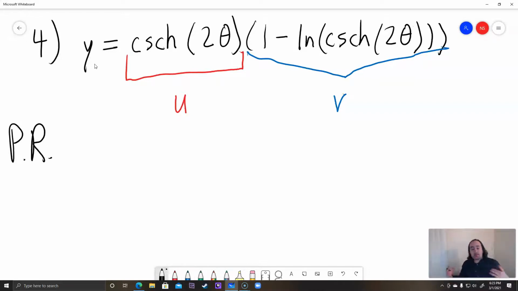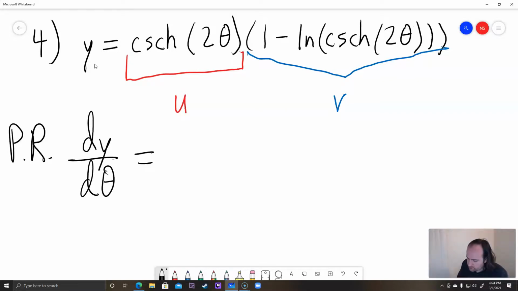And because our independent variable here is theta, it's going to be dy d theta for the derivative. So we're going to have dy d theta equals uv prime plus u prime v. That's just the standard product rule that you always use when you have two things multiplied together.